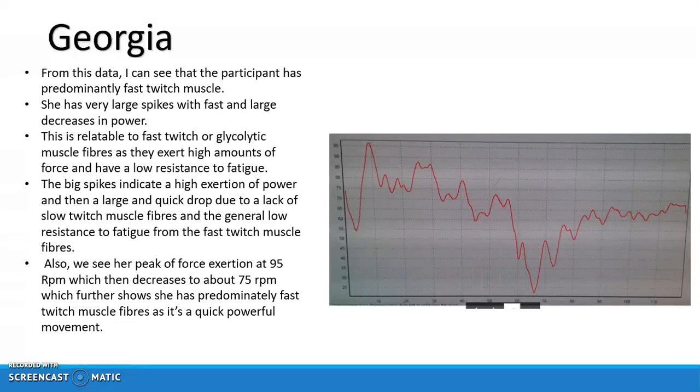The big spikes indicate a high exertion of power and then a large and quick drop due to a lack of slow twitch muscle fibres and the general low resistance to fatigue from the fast twitch muscle fibres. Also, we see her peak of force exertion at 95 RPM, which then decreases to about 75 RPM, which further shows she's predominantly fast twitch muscle fibres as it's a quick and powerful movement.